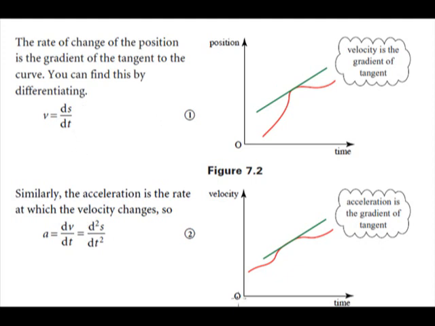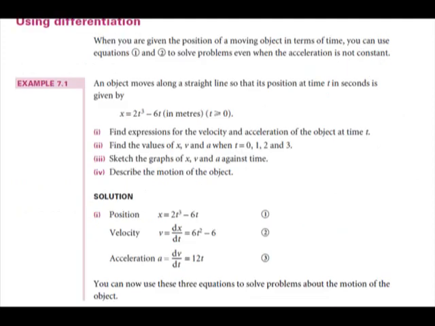If you differentiate the displacement with respect to time twice, you get the instantaneous acceleration of the function. These are very useful when the motion is not uniform, or when the velocity is not uniform and we want the instantaneous velocity and acceleration at those particular times.